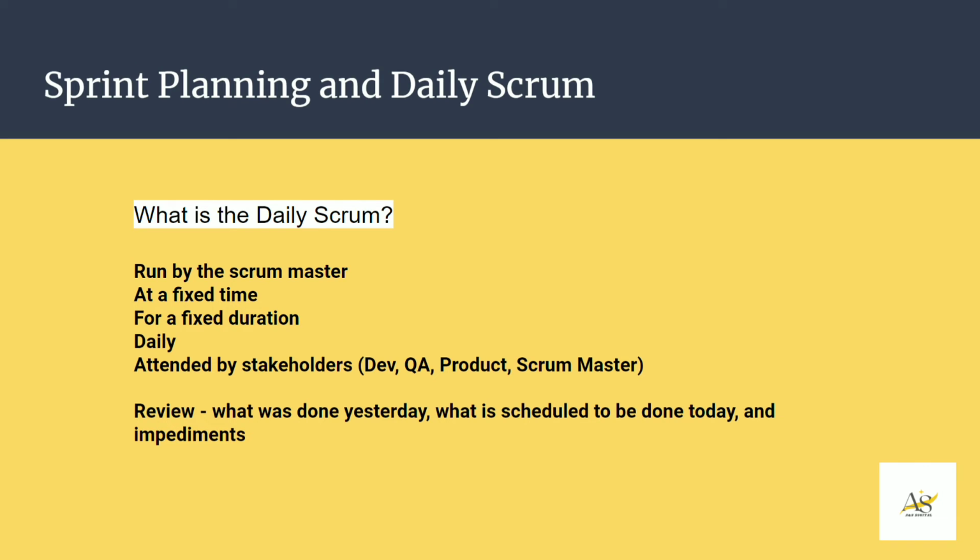Okay, the next thing I want to talk about today is the daily scrum. So what is the daily scrum? On a very high level, it is an activity that's run by the scrum master. Usually it has a fixed time of the day. It could be in the morning, it could be end of the day, it could be afternoon.